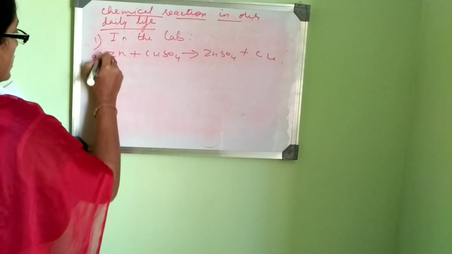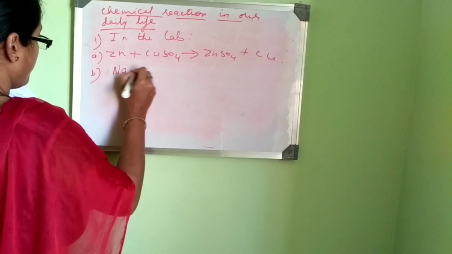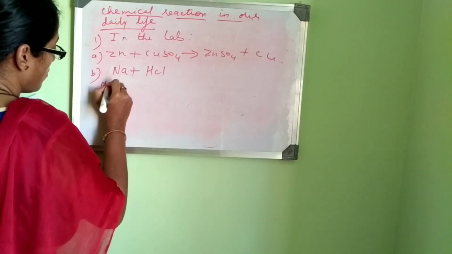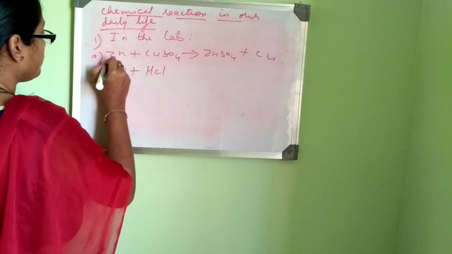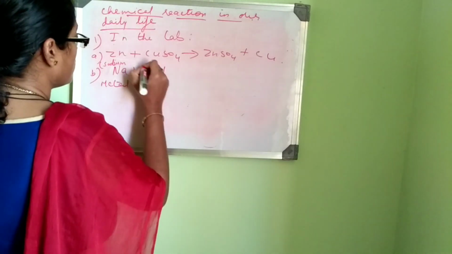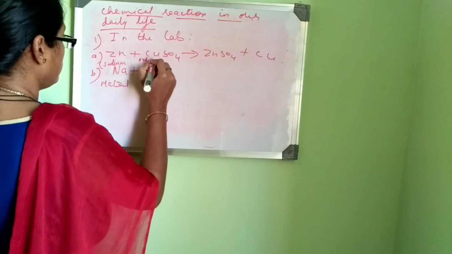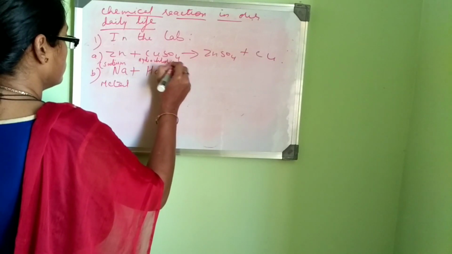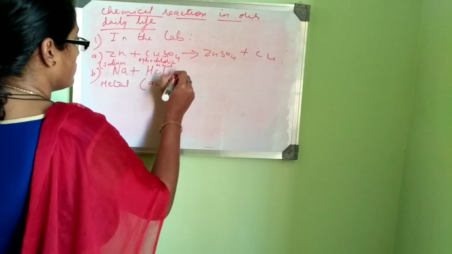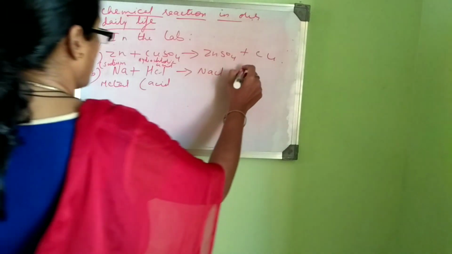Or you can see sodium plus HCl, that is, sodium is a metal, HCl is hydrochloric acid, it's an acid, gives rise to NaCl plus H2.